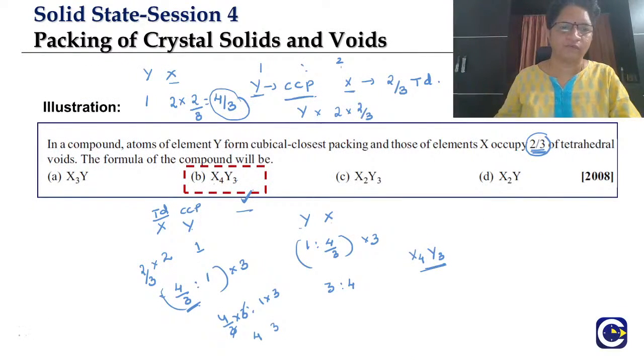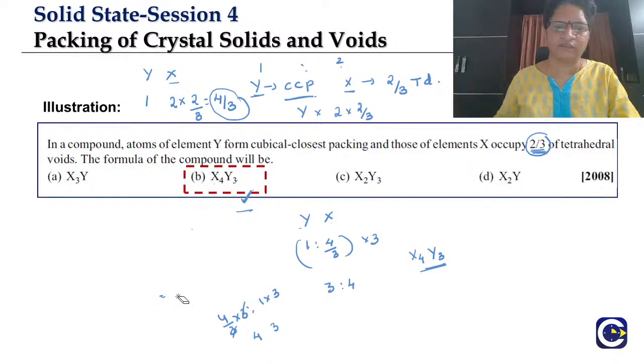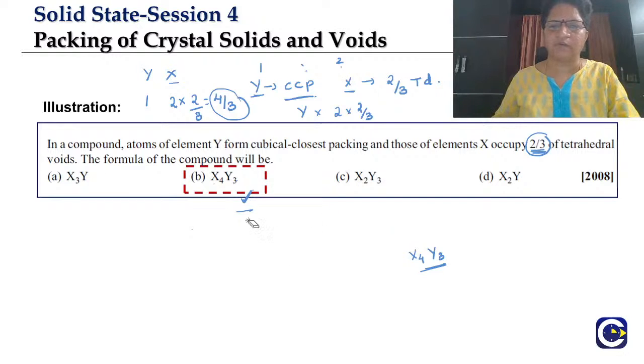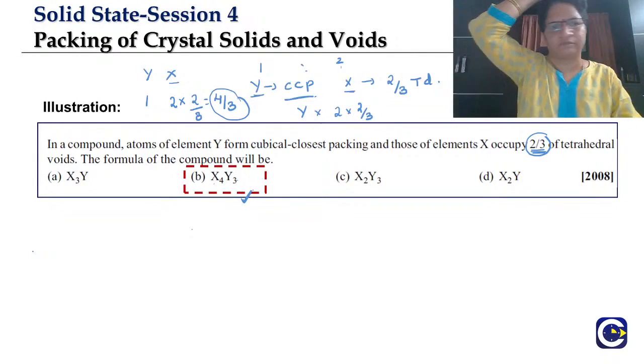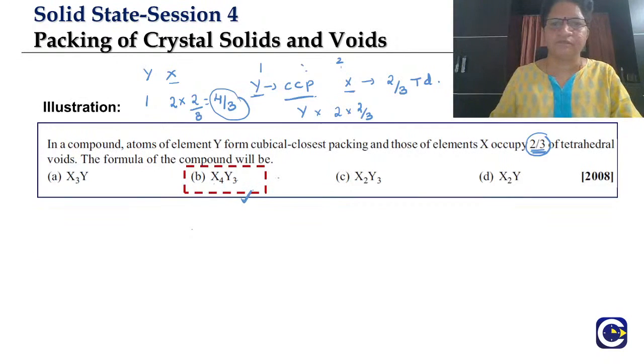A compound is formed from... The only thing you will have to remember is the number of close packed structures is N, tetrahedral voids is double the number of close packed structures, and octahedral voids are equal to the number of close packed structures. So CCP is formed by Y and element X occupies tetrahedral voids.